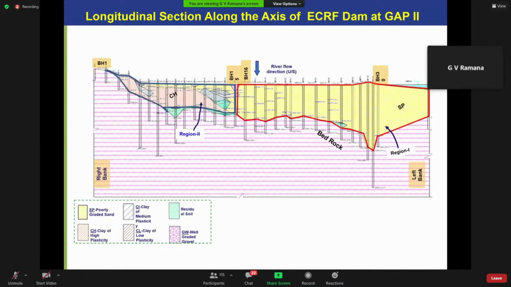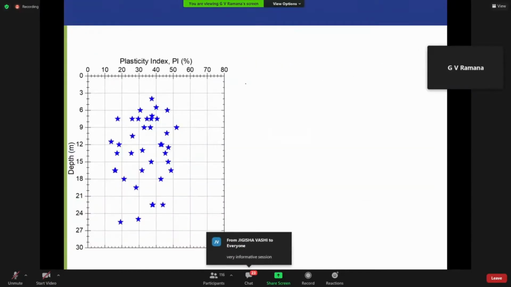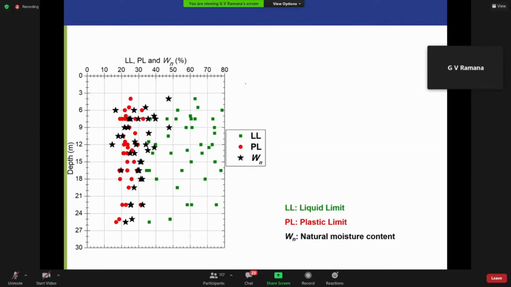Towards the left bank, it is clean sand, with fines less than 3%. On the other side, it is CH, and the clay is highly plastic. On the clay side, the plasticity index is about 40 to 50, the liquid limit is as high as 70 to 80 at some locations, and the natural moisture content is hovering around the plastic limit.